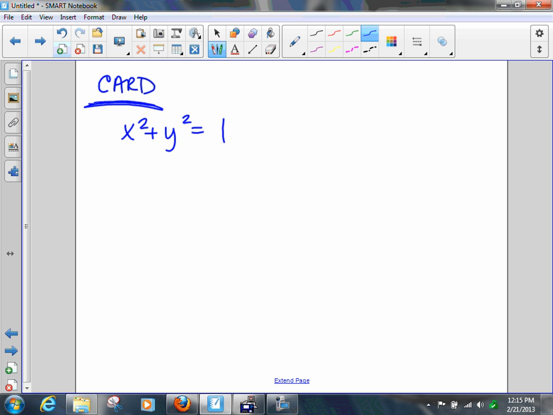And that is the equation for the unit circle. You want to put that somewhere on your card. And I don't care how you write it, up, down, sideways, whatever. Okay, it's totally up to you.